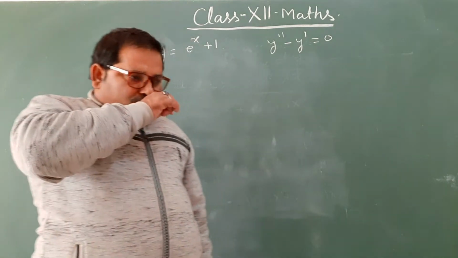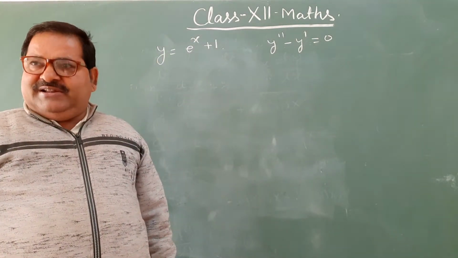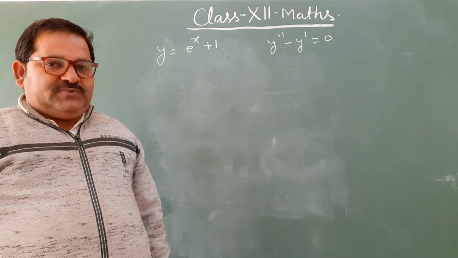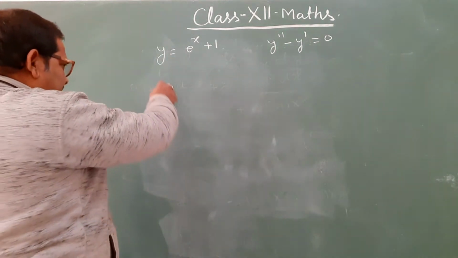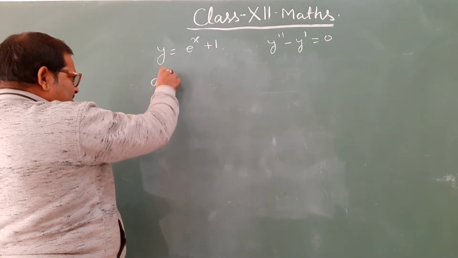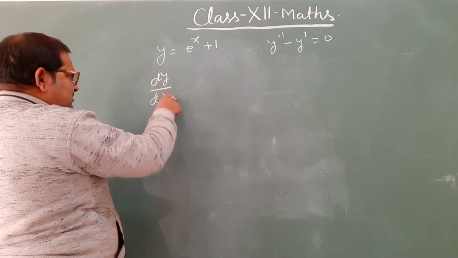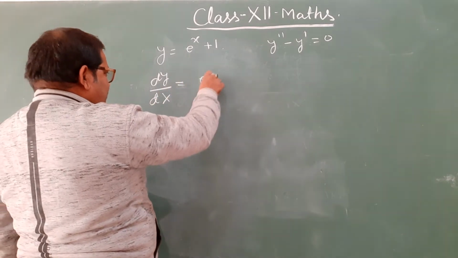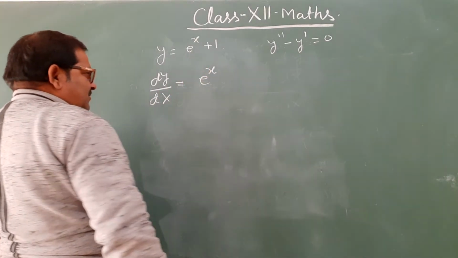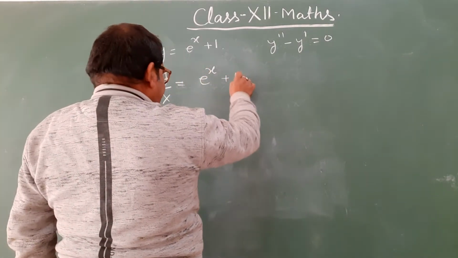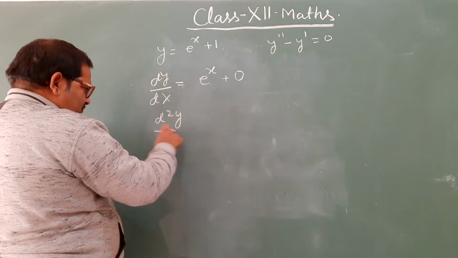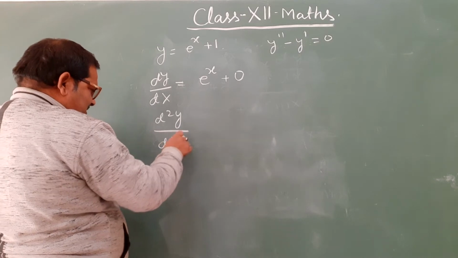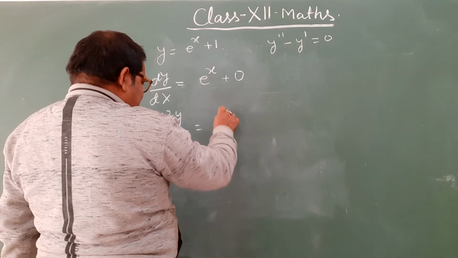Now dy by dx is equal to e power x plus 0, and d2y upon dx square equal to e power x.